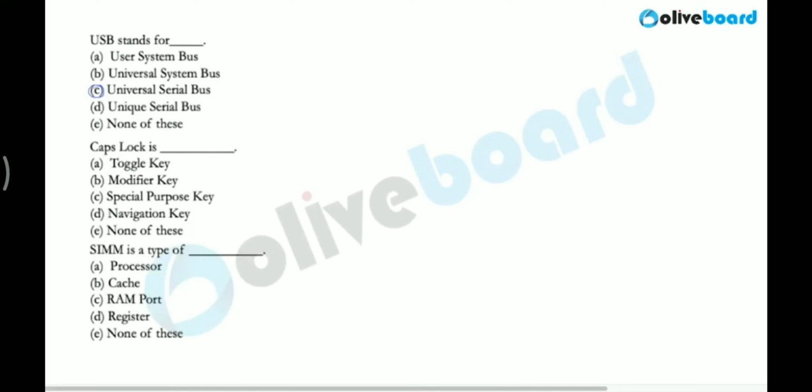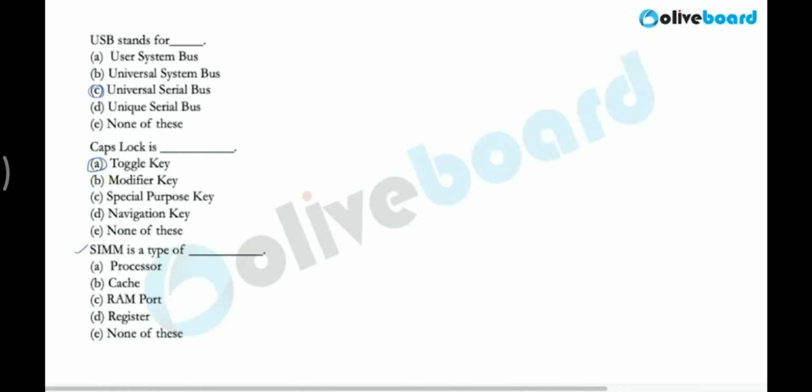Okay, next question we have here is, what type of key is caps lock? Is it a toggle key, a modifier, special purpose keys, navigation keys, or none of these? Caps lock is a type of toggle key. Okay, next question is, what is SIMM? That is the type of question that I was discussing while explaining the SIMM, or type of port of RAM.